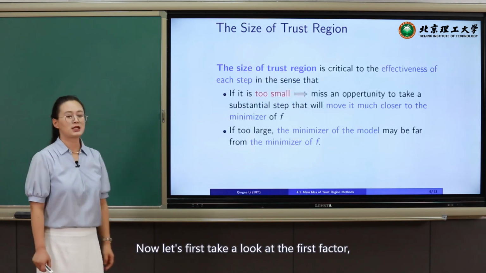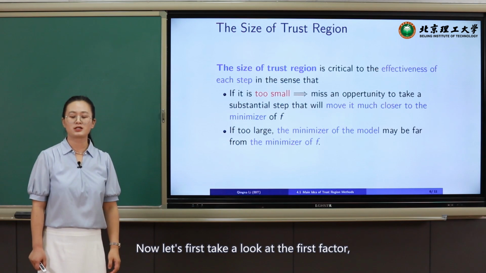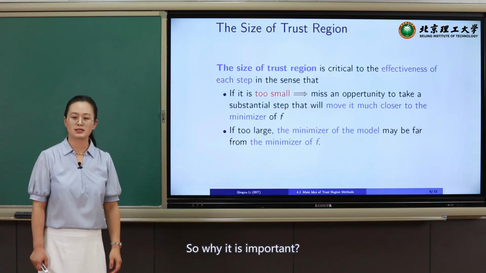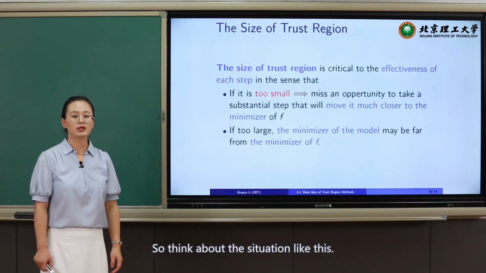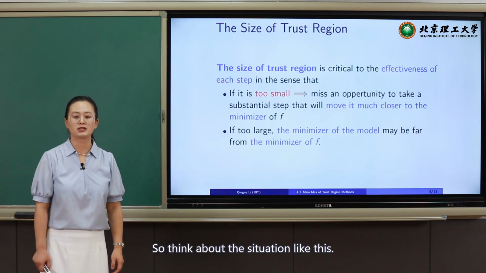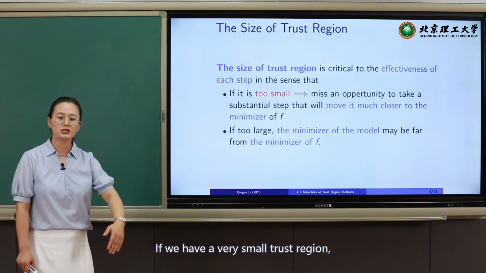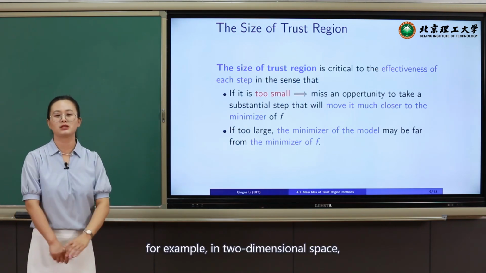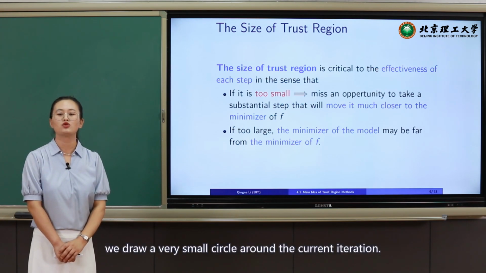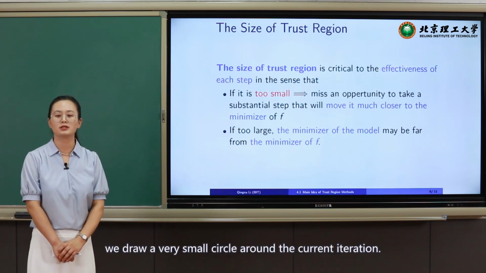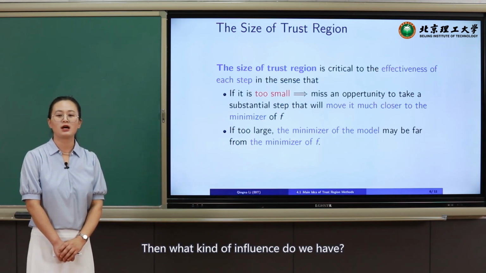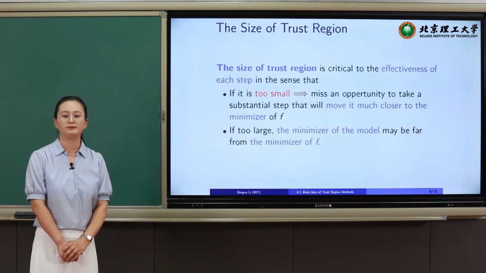Now, let's first take a look at the first factor, the size of trust region. Why is it important? Think about the situation like this. If we have a very small trust region, for example, in two-dimensional space, we draw a very small circle around the current iteration, then what kind of influence do we have?